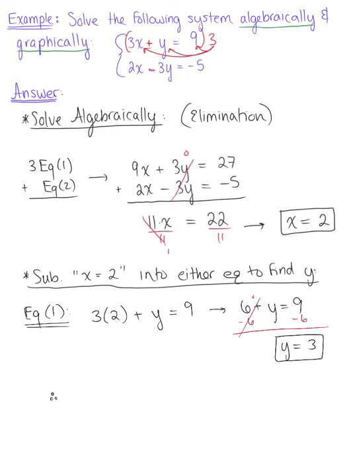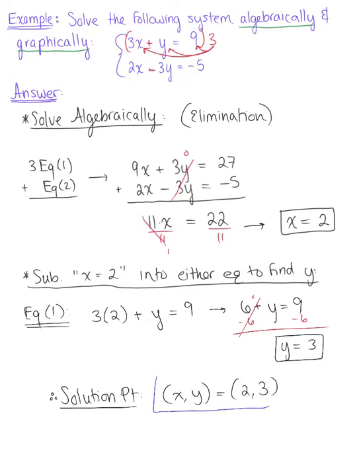So our solution point, or intersection point, of these two lines is the ordered pair (x, y), where we found x is equal to 2 and y is 3. This is going to be an important feature of our graph.